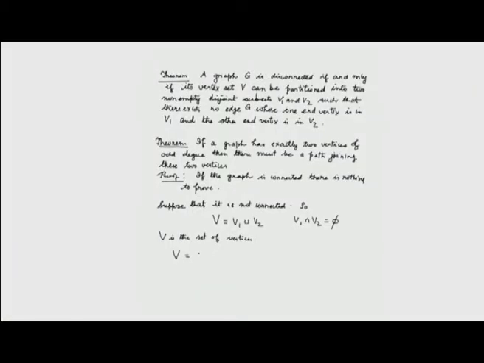So, ultimately what can happen is that this set of vertices V is split up into, let us say, some V1 union V2 union and so on up to some Vk, where Vi intersection Vj is phi for i not equal to j, and Vi is a connected component.